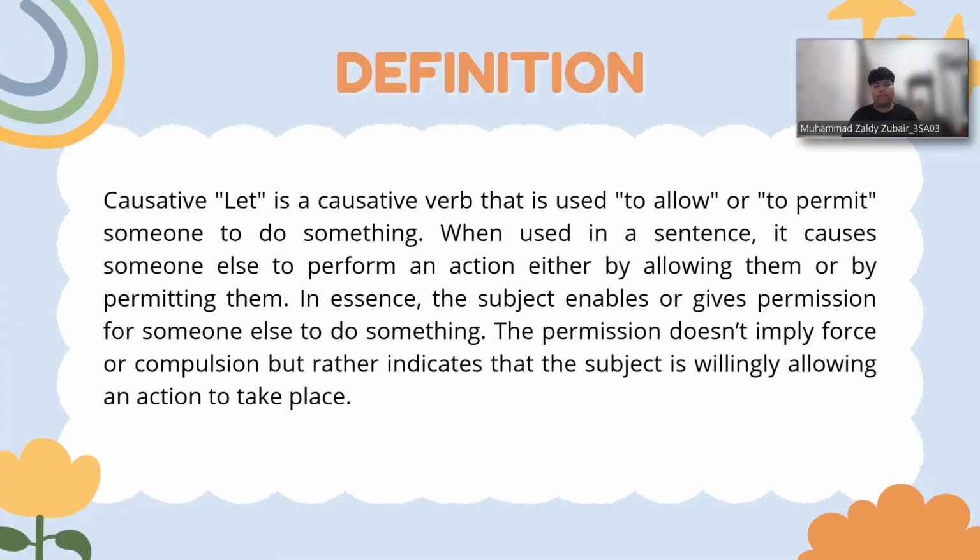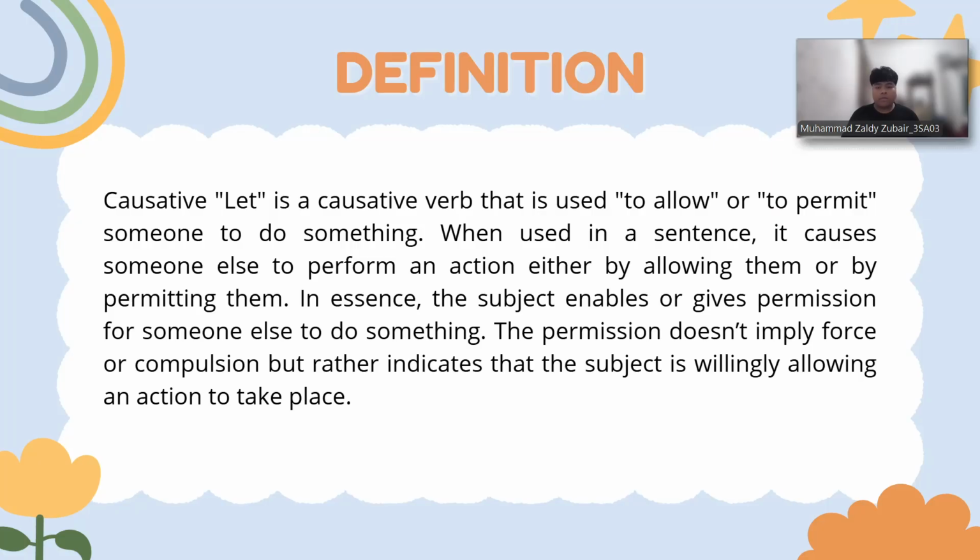Causative let. Definition: causative let is a causative verb that is used to allow or permit someone to do something. When used in a sentence, it causes someone else to perform an action either by allowing them or by permitting them.